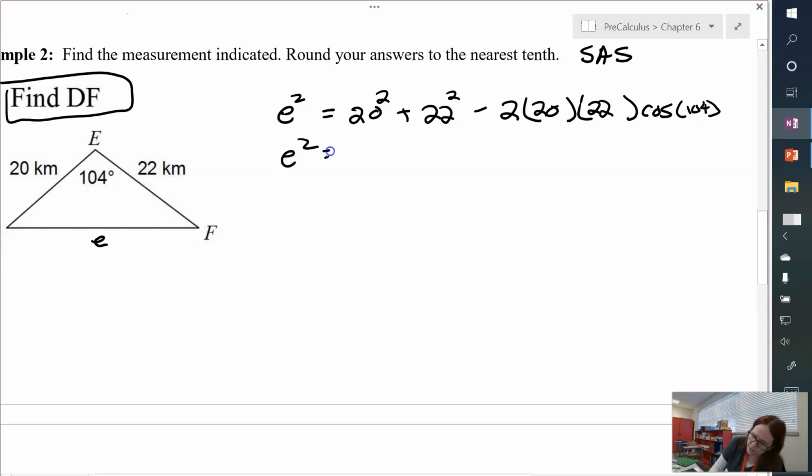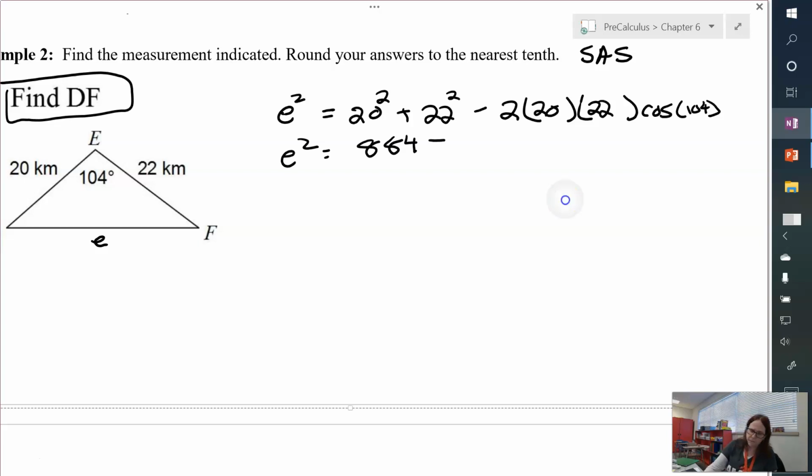E squared is going to equal, just plug this through your calculator, 20 squared plus 22 squared. This one's 884, and then I subtract 2 times 20 times 22 times the cosine of 104, which is a minus 212.9.